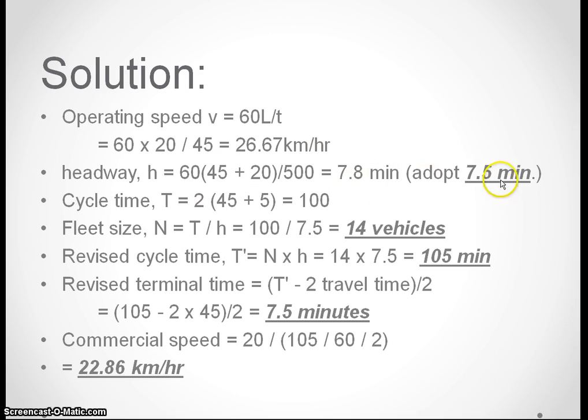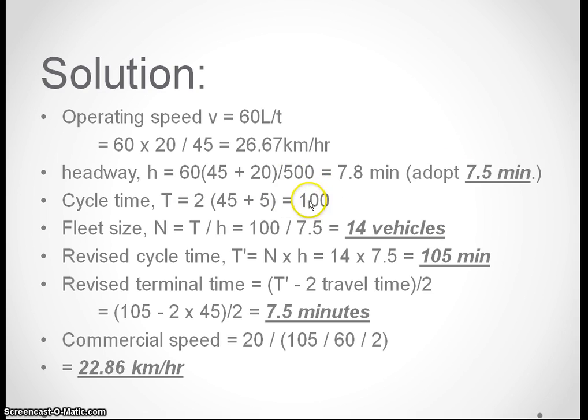So we adopt 7.5 minutes, because 7.8 minutes is very difficult to monitor. 7.5 is quite easy. 7.5 multiplied by 2 is 15. Multiplied by 4 is 30, something like that, 30 minutes. So easy for coordination. And cycle time, we have 25 minutes travel, and we have 5 minutes terminal time, multiplied by 2 because go and back.